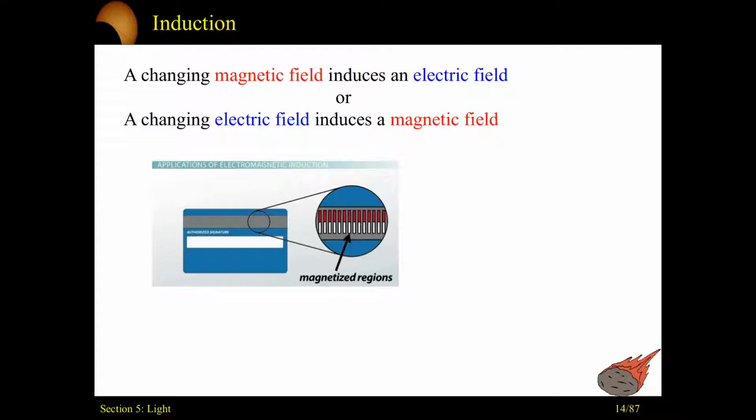That can be translated into a code that goes to just your credit card, your bank account. By choosing the orientation of these north and south poles, you can create a unique credit card. Hence, everyone can have their own cards that they can swipe through and exploit the electromagnetic induction to charge their card or charge their money.